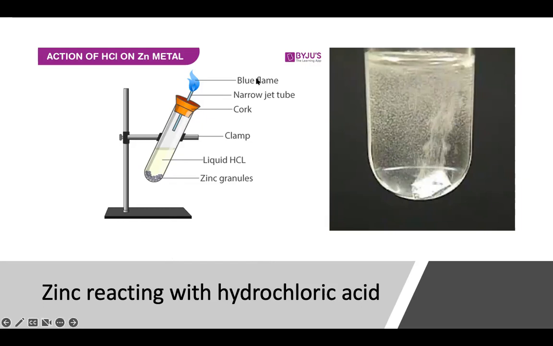Why is there a blue flame in this setup? What's the reason? Is it oxygen? Zinc is Zn, right? Hydrochloric acid is HCl. You have chlorine and hydrogen. In zinc you have zinc only.